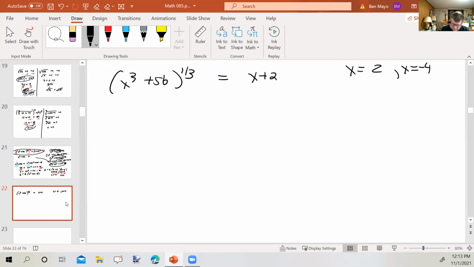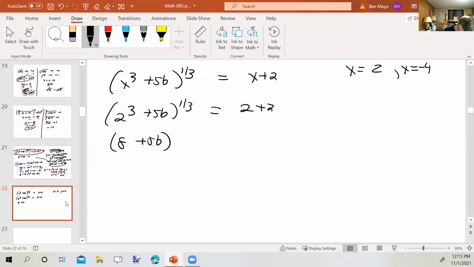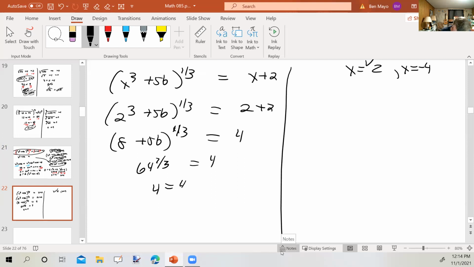Okay, let's take the 2. This is going to be 2 cubed plus 56 to the 1/3 power equals 2 plus 2. 8 plus 56 to the 1/3 power equals 4. 64 to the 1/3 power equals 4. 4 equals 4. So this one checks. Negative 4.